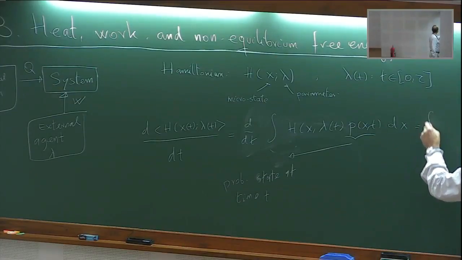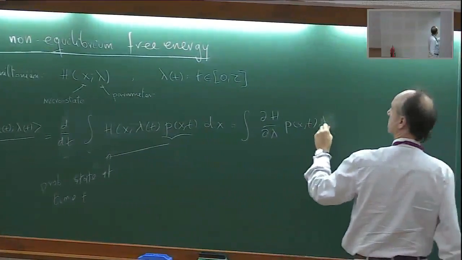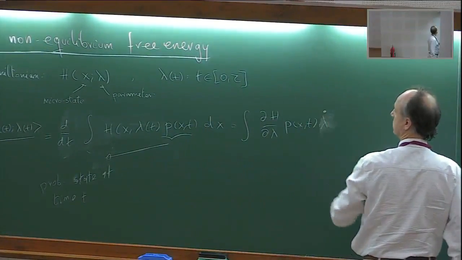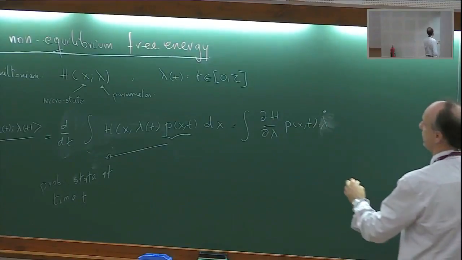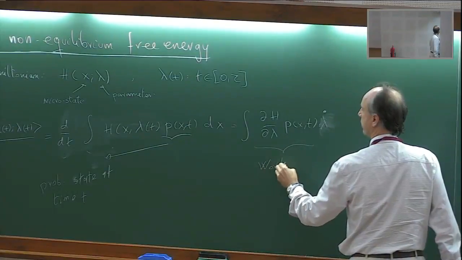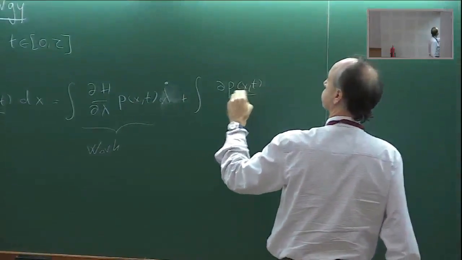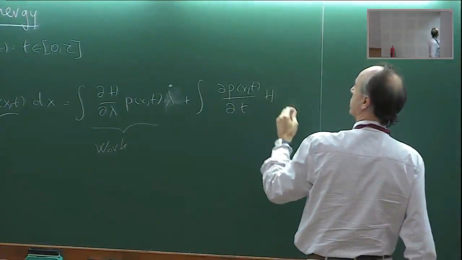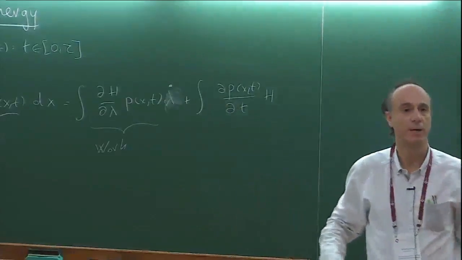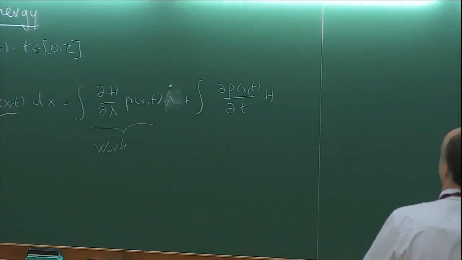And then you have two terms here. One is the derivative of the Hamiltonian with respect to lambda, and here I can put lambda dot. This is going to be the work. And the rest is the change of energy due to some relaxation of my system, or the evolution of my system.